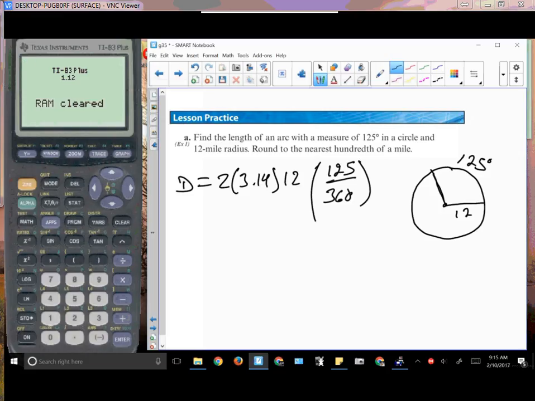You at least have a backup to see where it went wrong if it went wrong. So I got 2 times 3.14, multiply that by 12, multiply that by 125, divide that by 360, and I end up with my arc length being 26 point, down to the nearest hundredth, 0.17. And we are in miles, so easy enough.